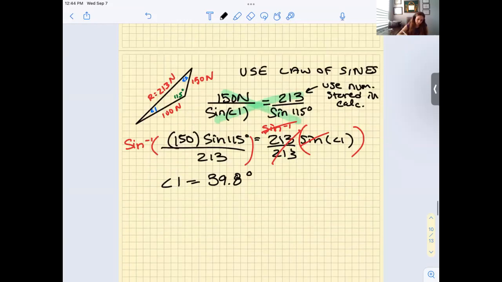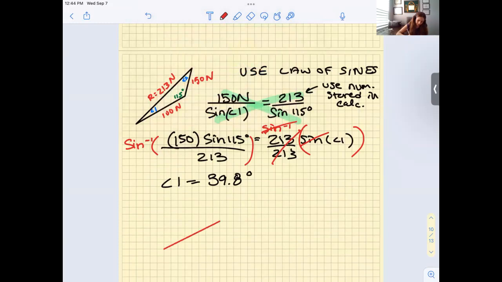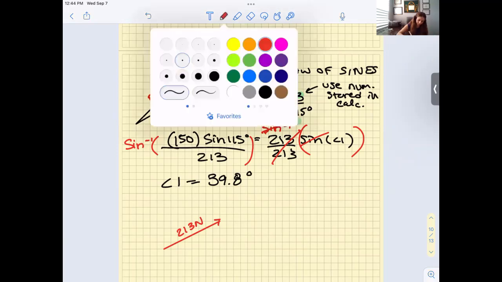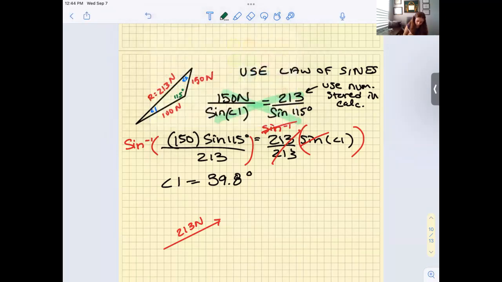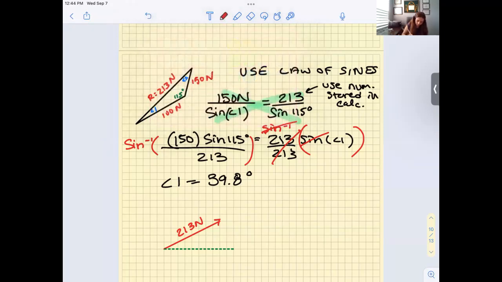Questions about how we got that? Okay, so if we're zooming in on this resultant force, we know that it's 213 newtons. And there's this other force here that was going like this.